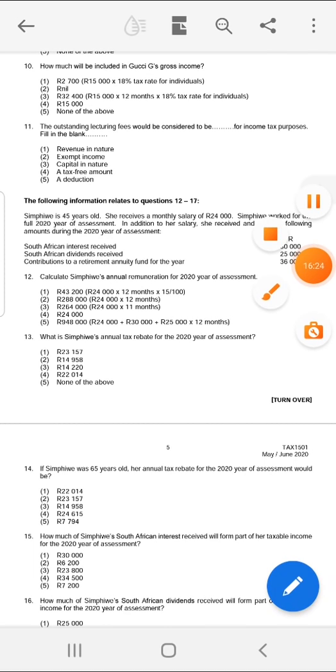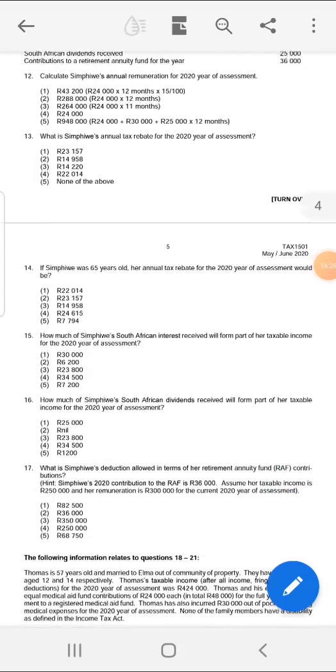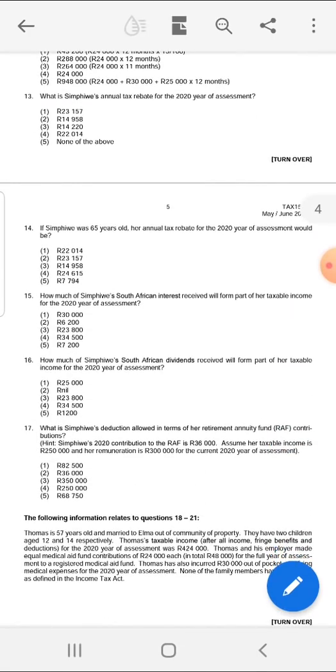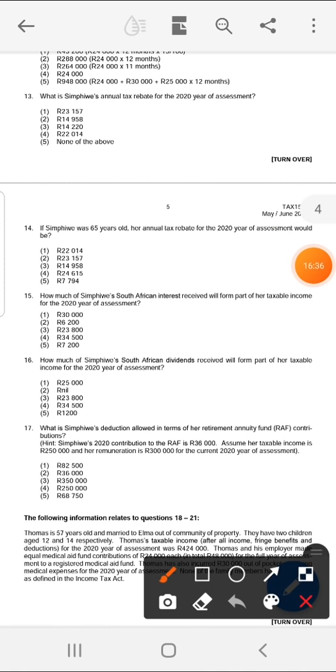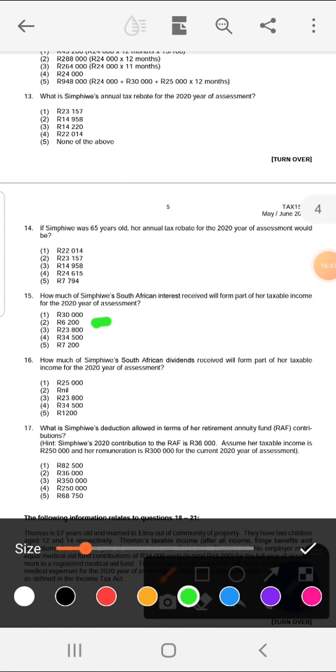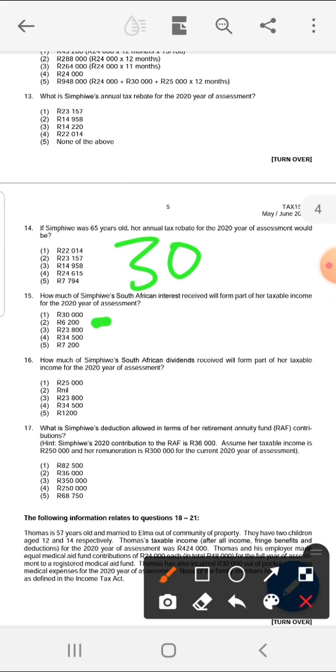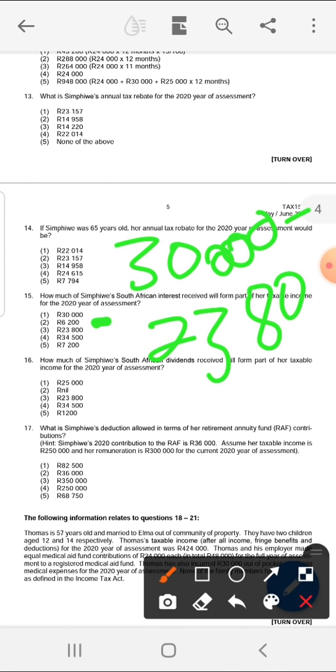So 6,200 is the amount that we include in our gross income. So question number 15 will be option 2. How did you get this? We said 30,000 less exemptions will give us 6,200. I hope everyone gets that.